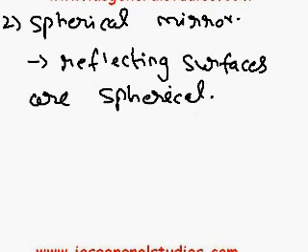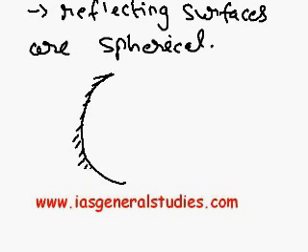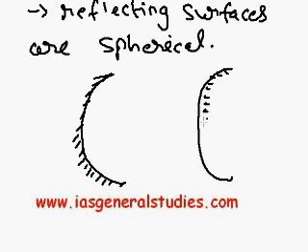Now there is one little confusion. Suppose I have one spherical surface like this, where this is a rough surface. When I put the line like this, it is a rough surface. And suppose you take it like this itself, now the rough surface is on this side. Here the reflecting surface is inside the curvature.